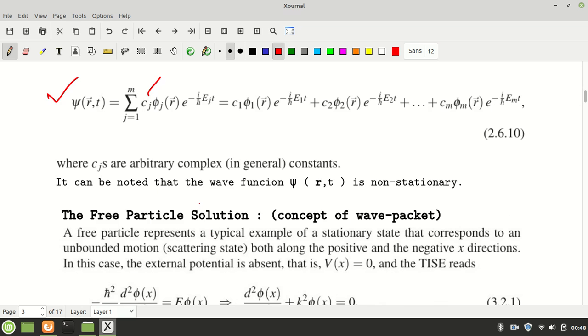But here psi is the general solution of the time dependent Schrodinger equation, and you can see very easily that psi is non-stationary.